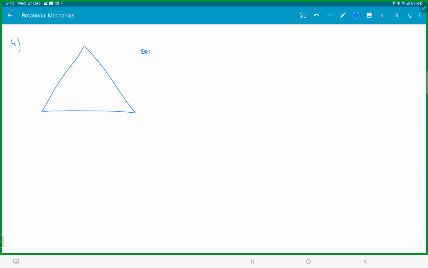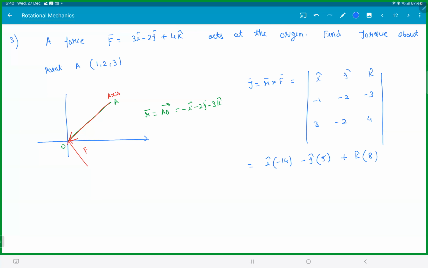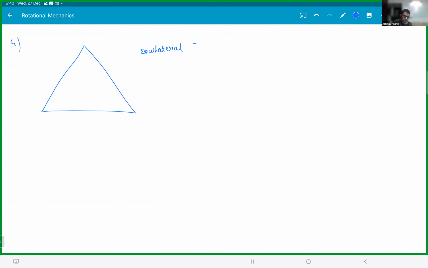Equilateral triangle. Side A. Forces F1, F2, F3, F4, F5.